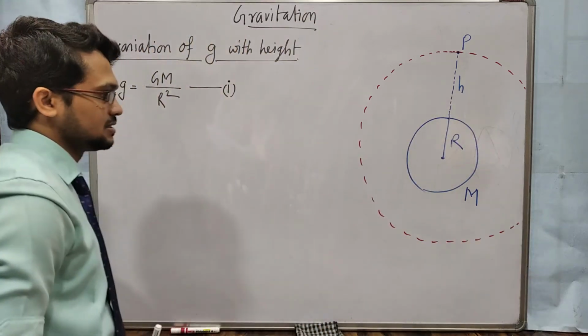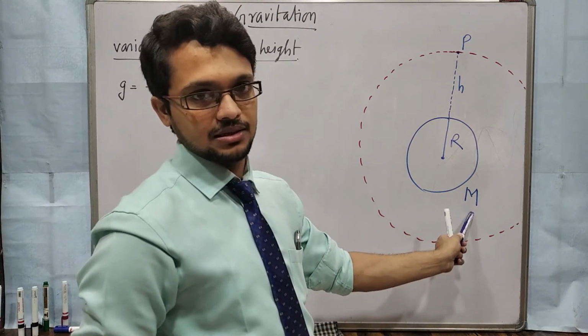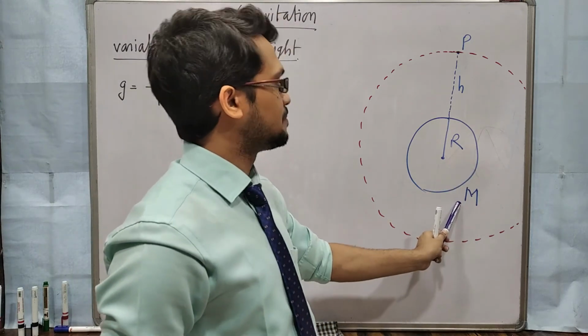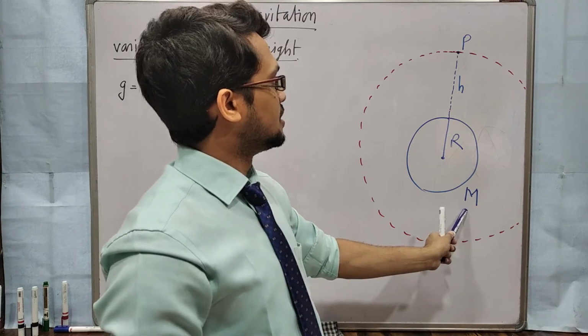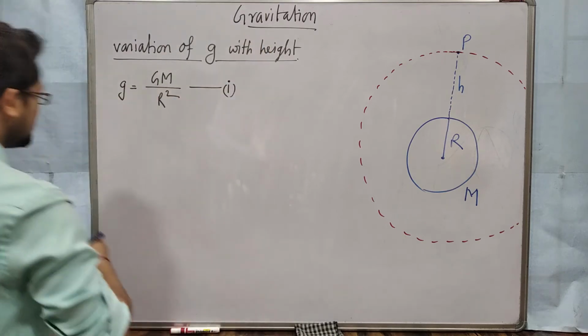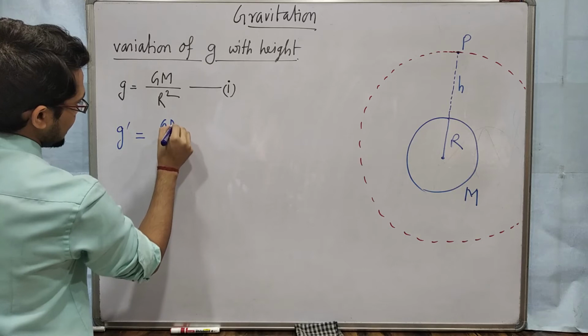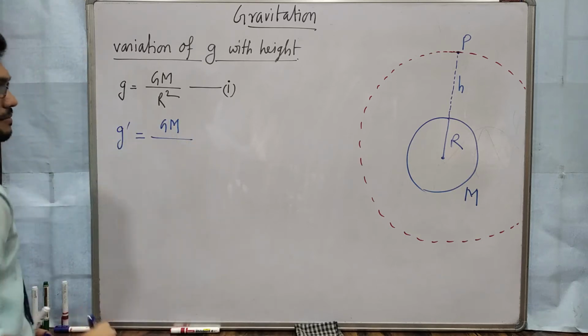M amount of mass. And this M amount of mass will produce the gravitational acceleration at this point. So g prime will also be GM, the mass will remain the same, M.